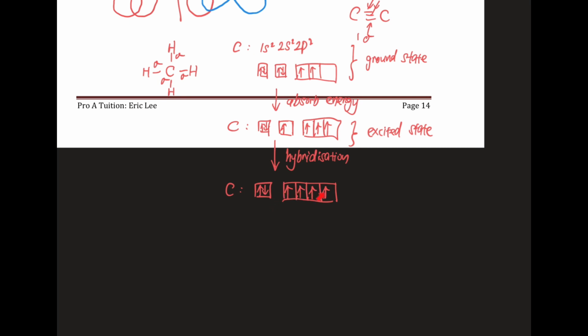As you can see, 4 of these hybridize, and after that, each of these will form 1 sigma bond with 1 hydrogen. So altogether, they form 4 sigma bonds.